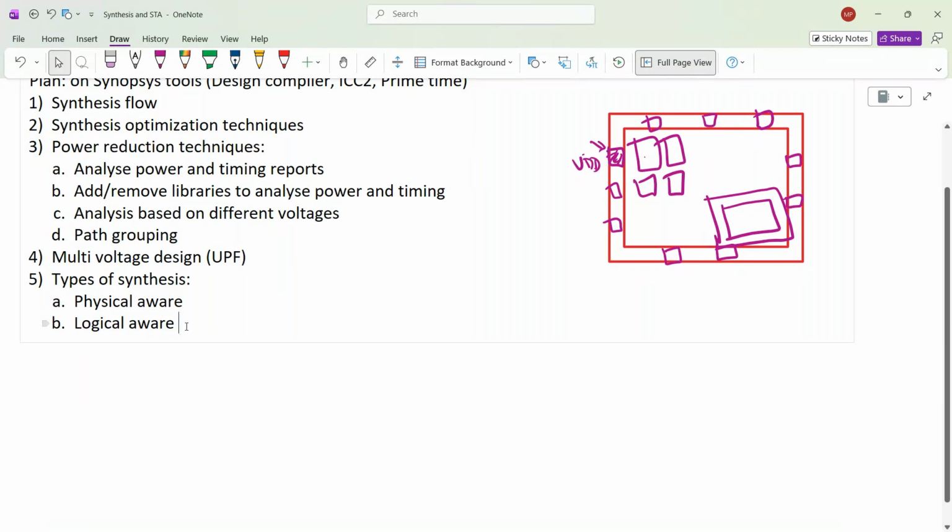Theoretically we say that physical aware synthesis is better than logic aware synthesis. The reason is that physical aware synthesis connects with PNR in a better way, because the tool has information about the location of ports and macros, voltage areas, the utilization, and the shape and size of the core. So there is better timing calculation. That's why physical aware synthesis is better, and we are going to analyze that here.